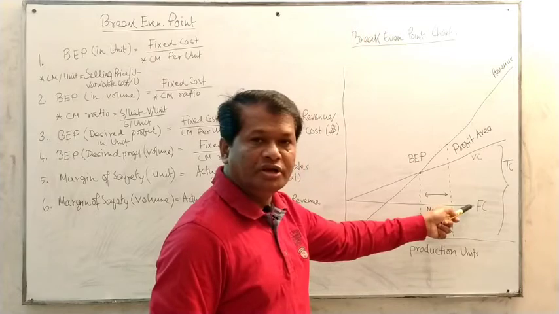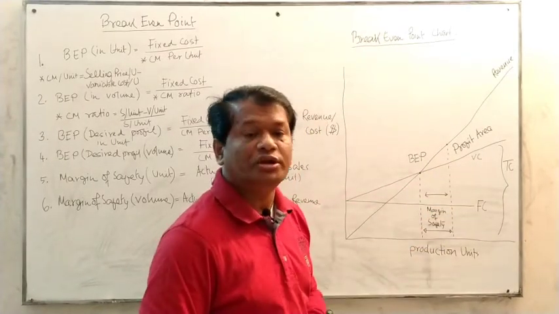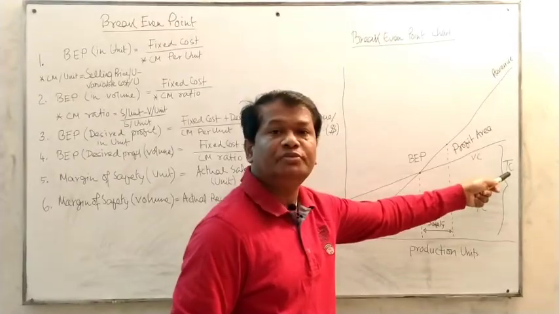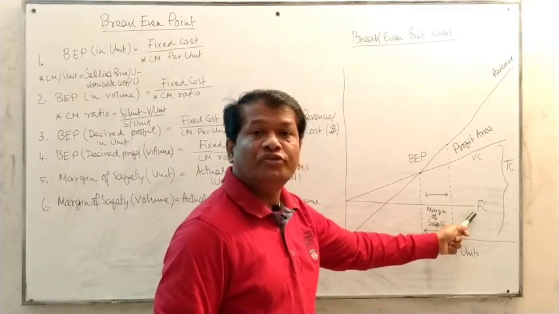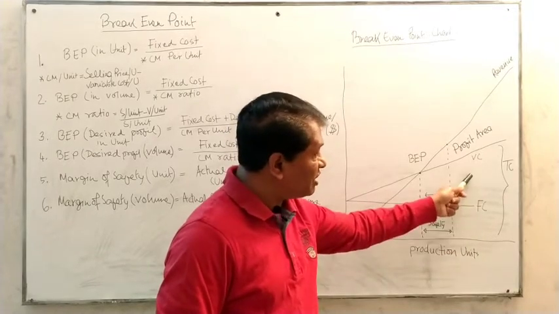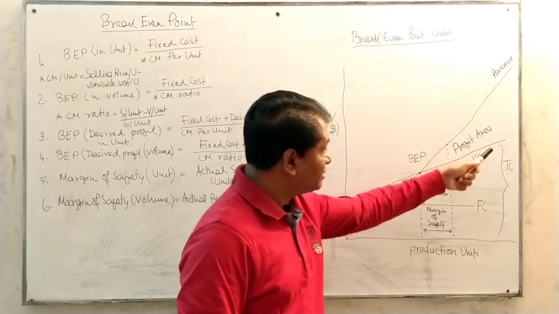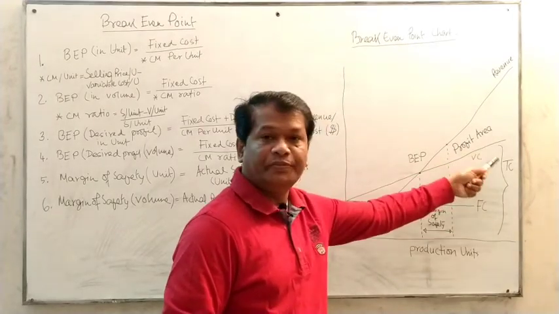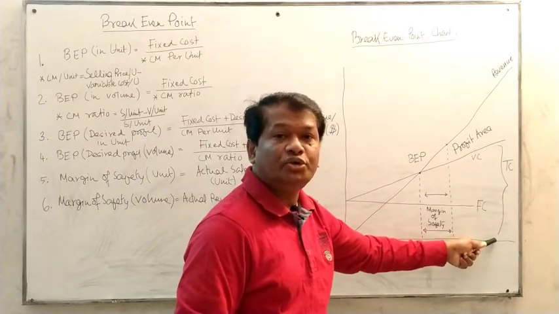Variable cost plus fixed cost altogether is the total cost. Here TC is total cost, VC is variable cost, FC is fixed cost. Fixed cost plus variable cost altogether is the total cost, and altogether this space is said to be total cost.